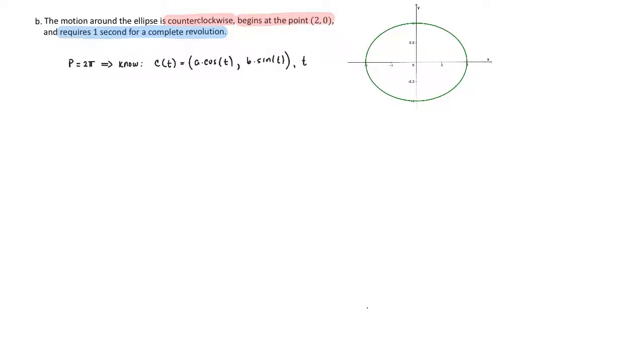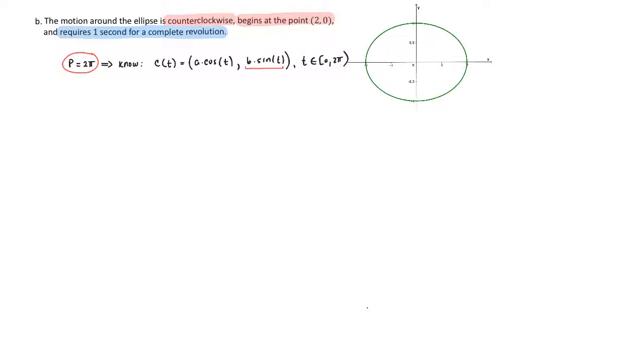But here t is between 0 and 2 pi, right? This is because the period is equal to 2 pi. And to have a counterclockwise motion, we want to make sure that we choose the positive component for y.